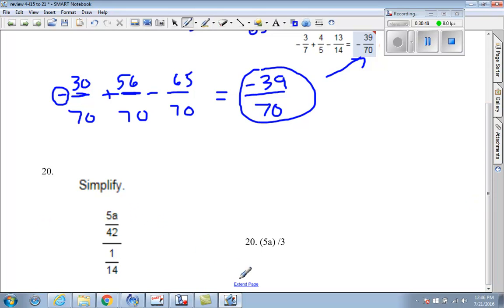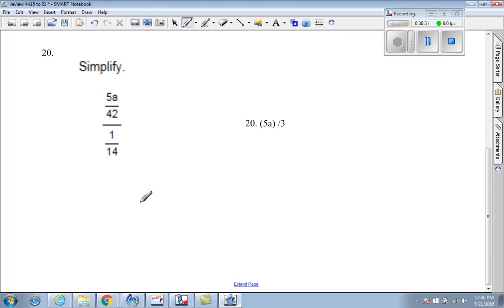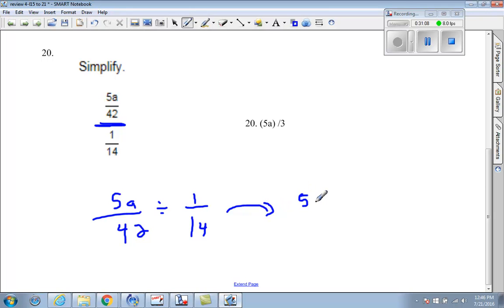And last but not least, simplify this complex fraction. I want to remind you that this division bar here means just that. So we can translate this to 5a over 42 divided by 1/14, which is then going to translate to 5a over 42 times 14 over 1.